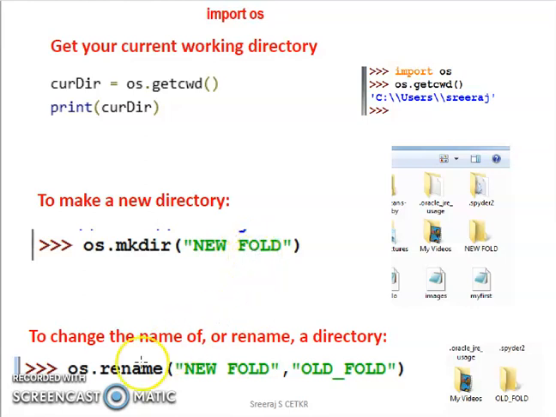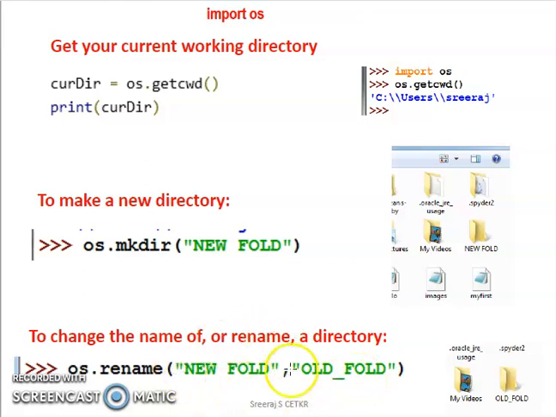Okay, the next function is rename. Rename means to change the name of a particular directory. You can see the syntax here: os.rename of new fold comma old fold. This is the existing folder name, and we have to change this folder name to this one.